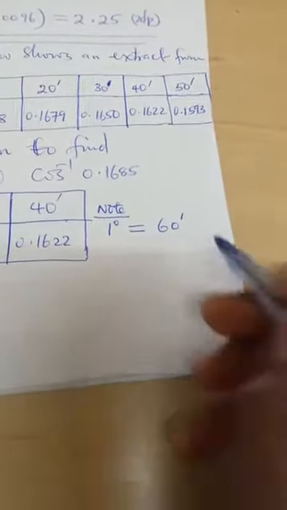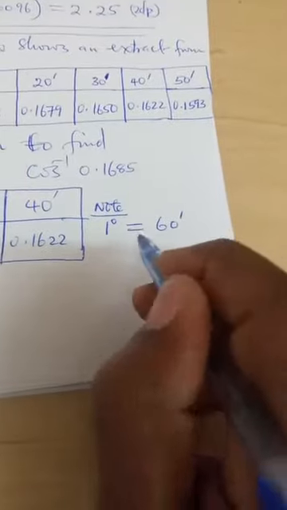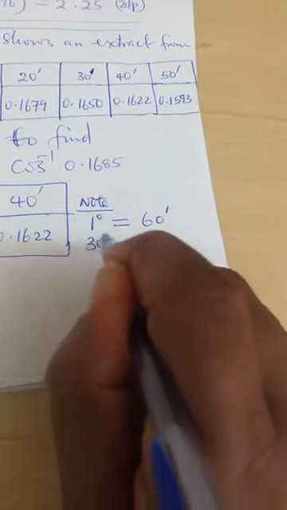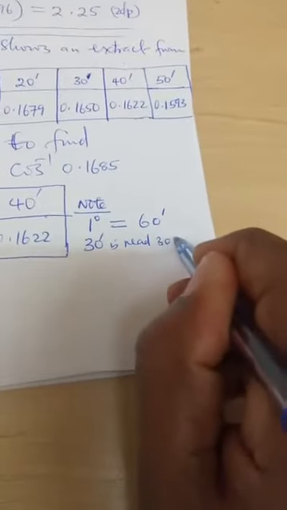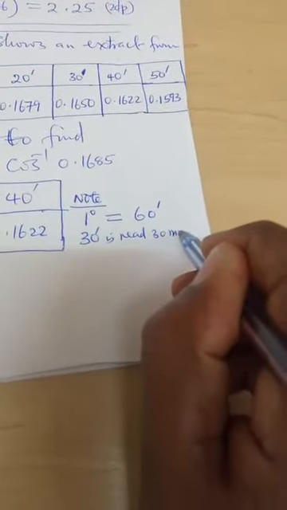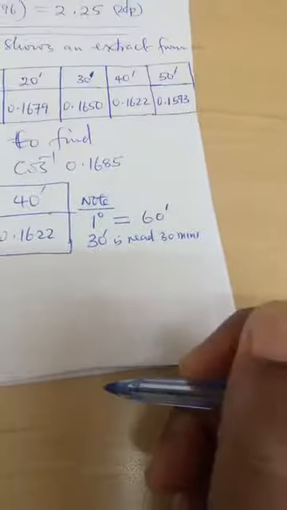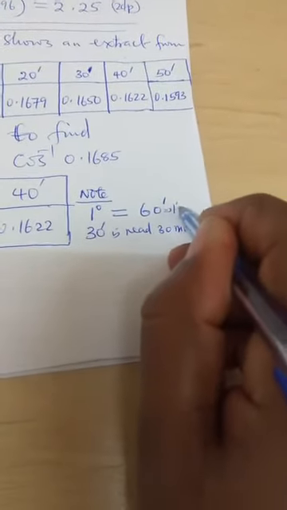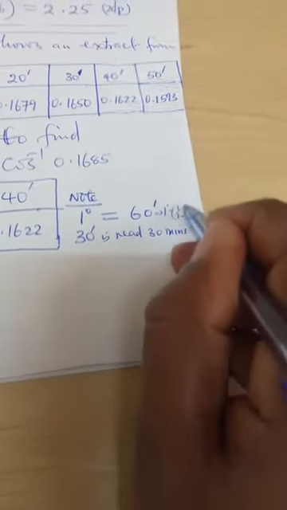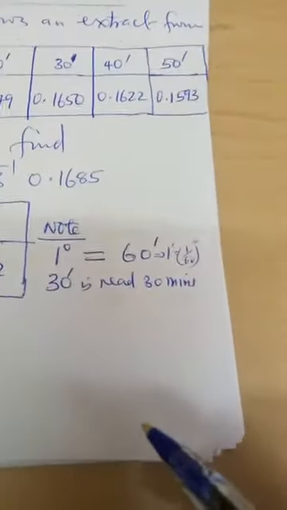And this implies that this is read as 30 minutes. But 1 degree is equal to, and consequently I could say 1 minute is equal to 1 out of 60 degrees. The students should know that.